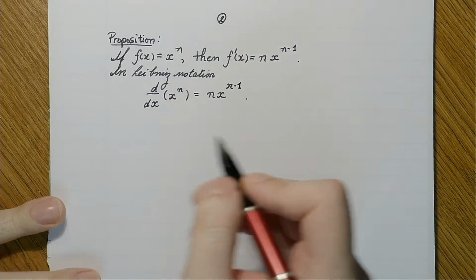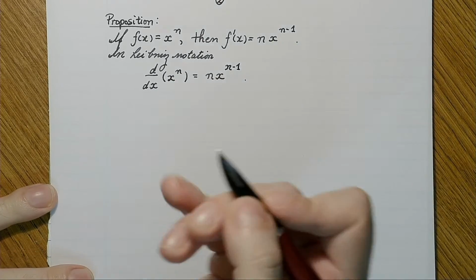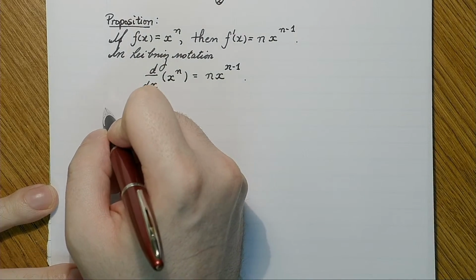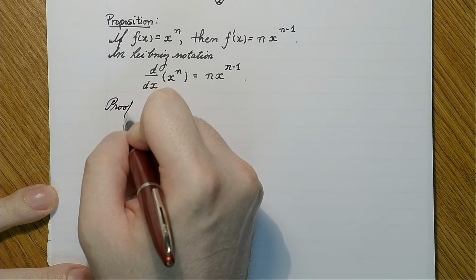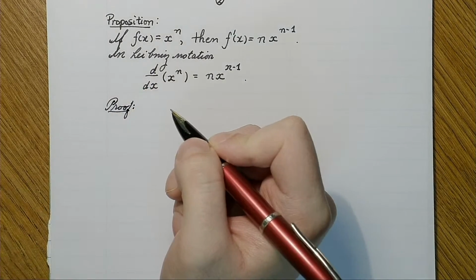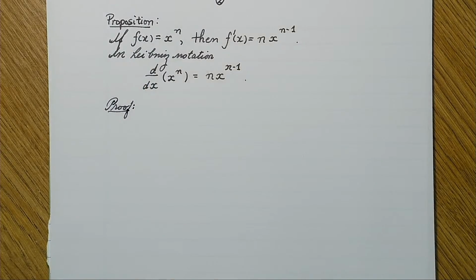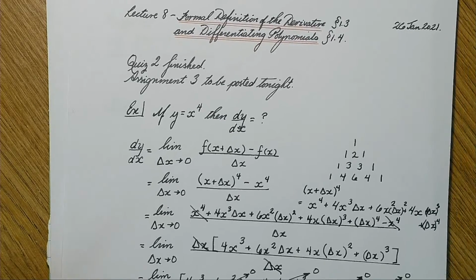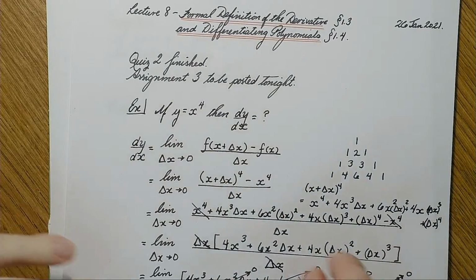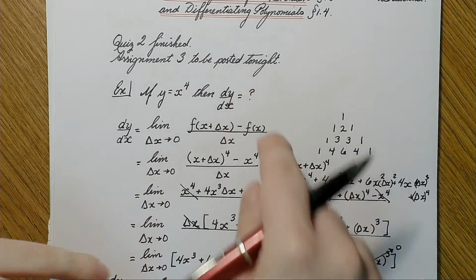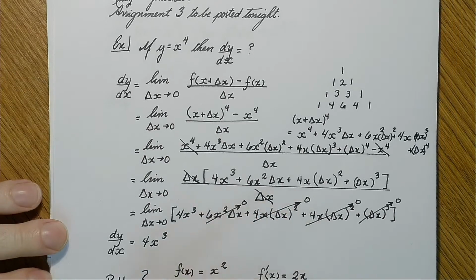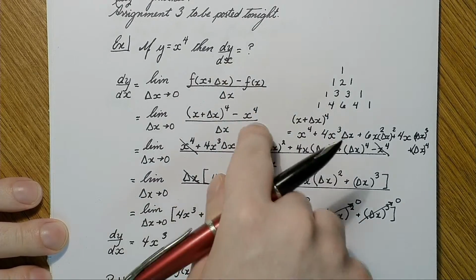So everyone fears this word proof, but really, we've been doing little proofs all along, showing, for instance, this very simple proof, which is y equals x to the 4th, dy dx, that the derivative is 4x to the 3 using principles.